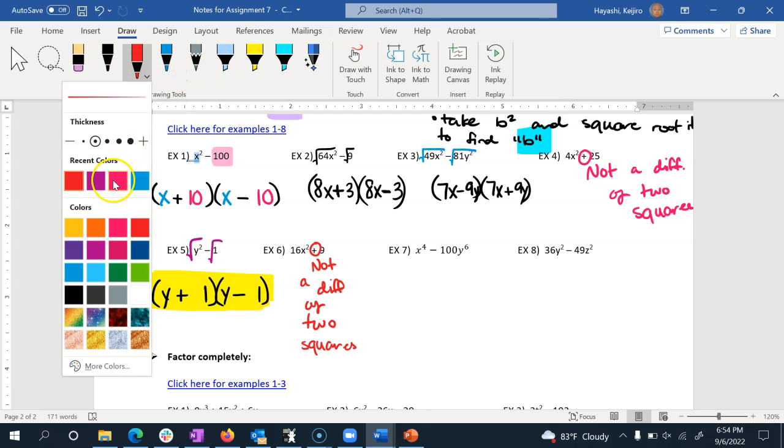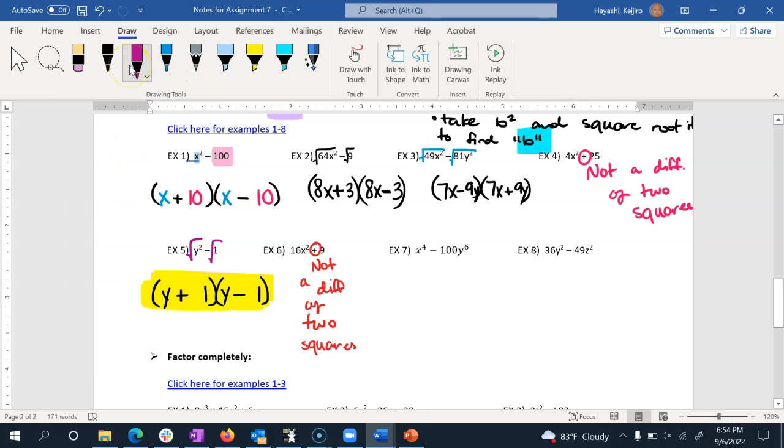Okay, this one's going to make sure that you understand your exponent rules. Is this a difference of two squares? Okay. What is the square root of x to the fourth? What can you multiply by itself to get x to the fourth? X times x times x times x.